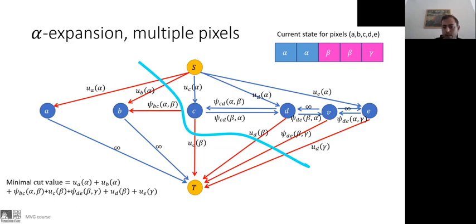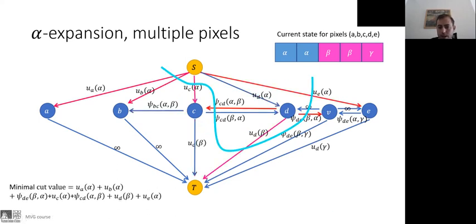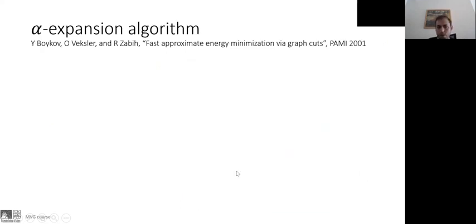If we get this cut, I will keep the original labels and won't change them. If I get this cut, I will change D and E to alpha, and in this case, I will change E to alpha and also C to alpha. But you can look at it later. If you have questions, let me know. It's just a generalization of what we had before to more pixels. So we can just apply it on images as well.